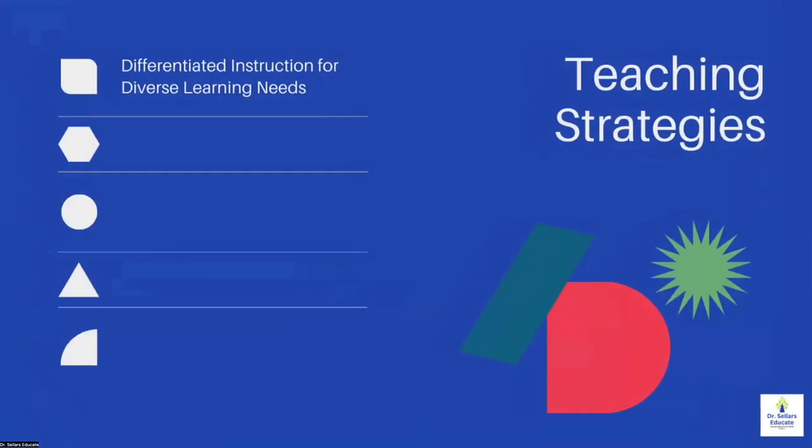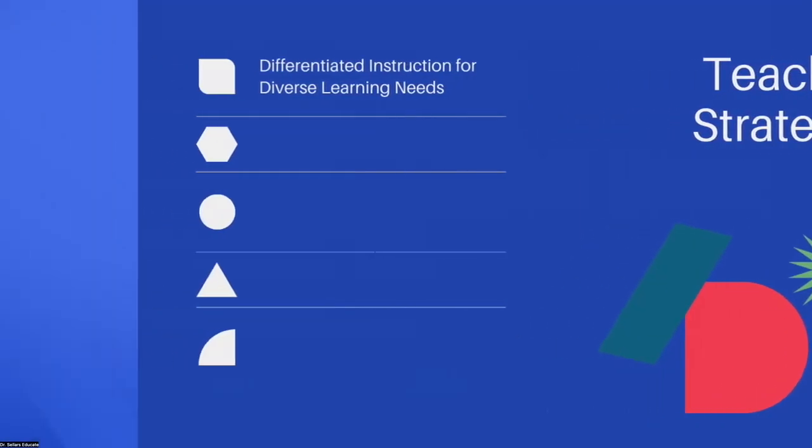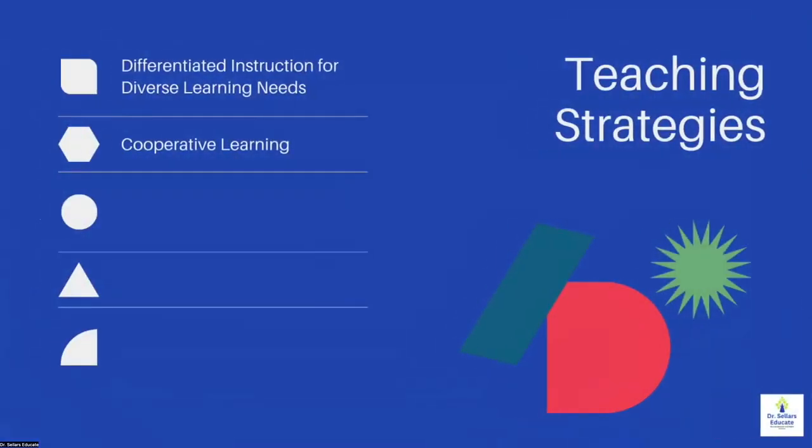We are engaging what's called differentiated instruction for the diverse learning needs. We're thinking about where our students are on the learning cycle, and we are considering how we can engage when we have students at that AC level, that abstract conceptualization. We want to support cooperative learning, so we want to bring groups together.